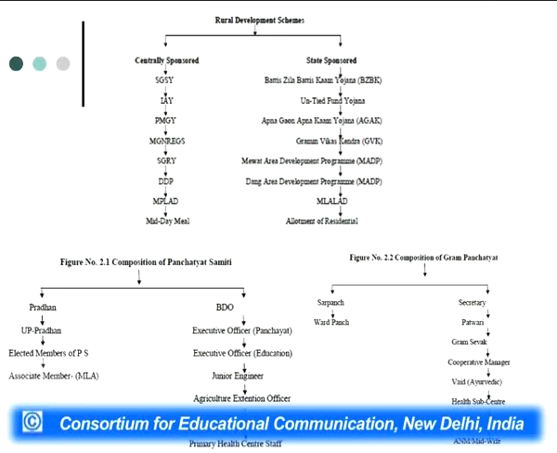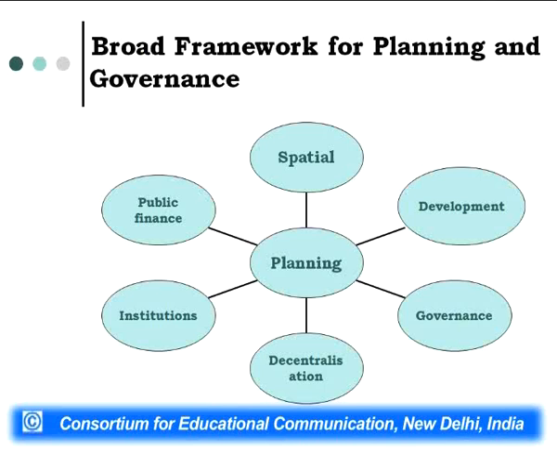And then at the lowest level, the composition of a gram panchayat, there is a sarpanch, and administrative support is provided to the sarpanch to realize some of the plans at the ground level: secretary, patwari, gram sevak, and many others.